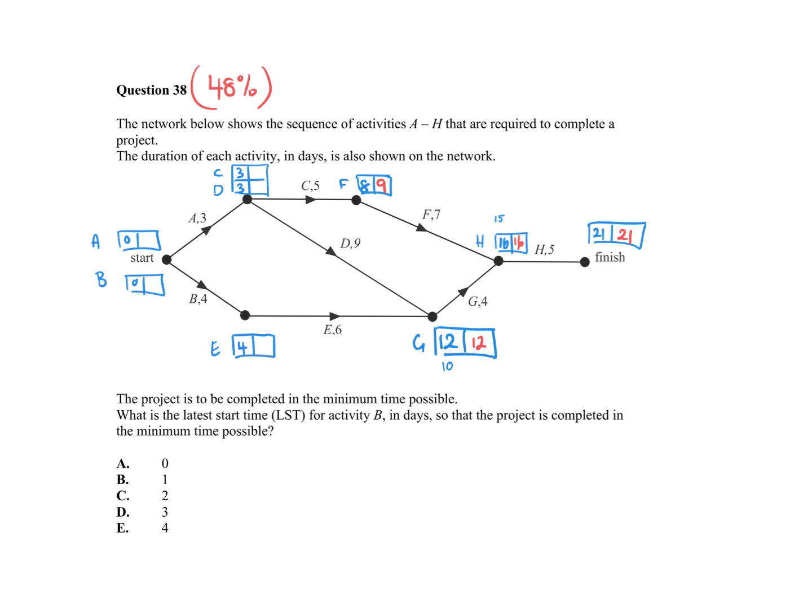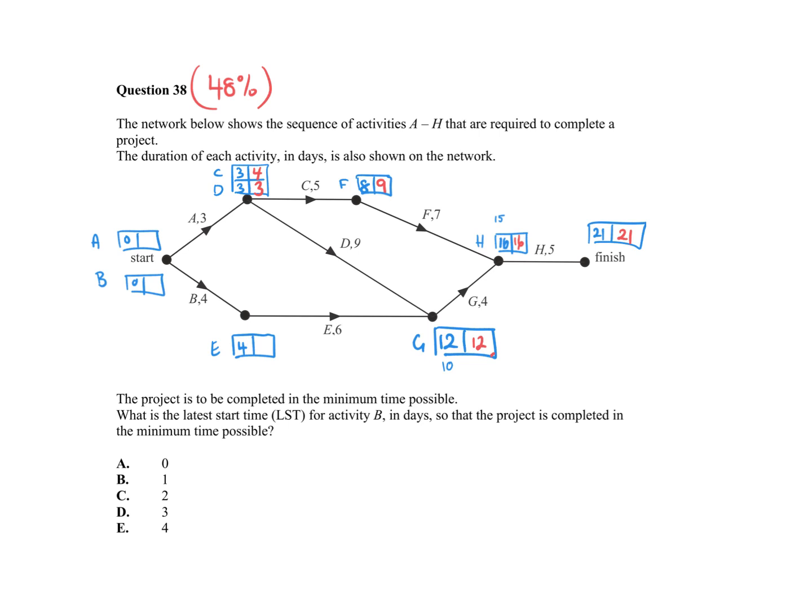All right, now, to go back to D, I'm going from this 12. What's 12 minus 9? 3. Good. And then if I go back, I'm up here at F, and I'm 9 minus 5, going back via the C way. What's 9 minus 5? 4. That's why I'm putting 4 up there.